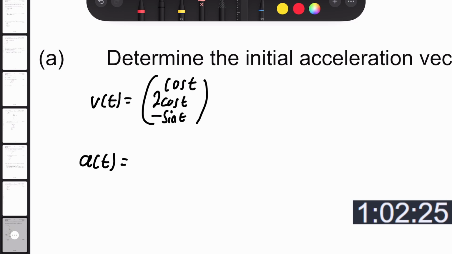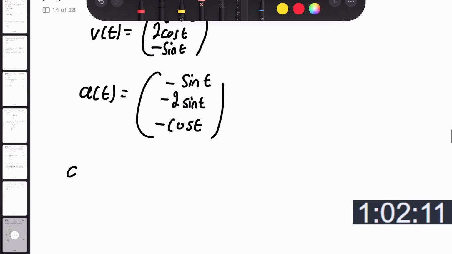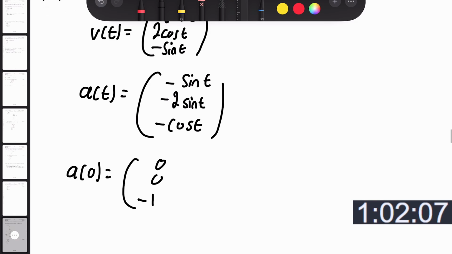A of t is going to equal negative sine of t, negative 2 sine of t and negative cosine of t. And then A of 0 is going to equal 0, 0, negative 1.